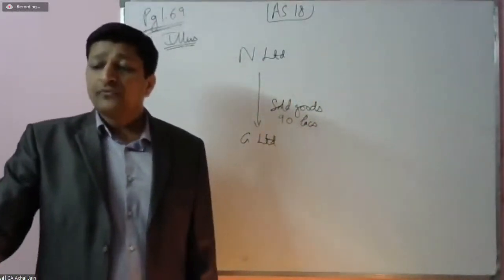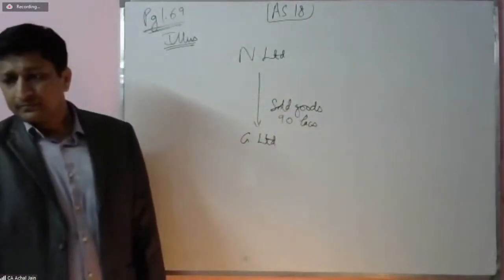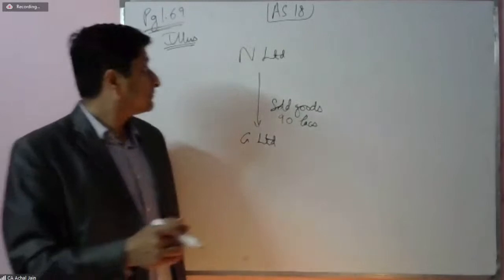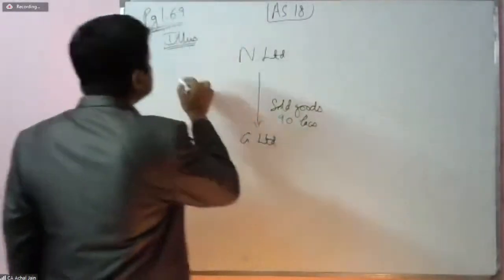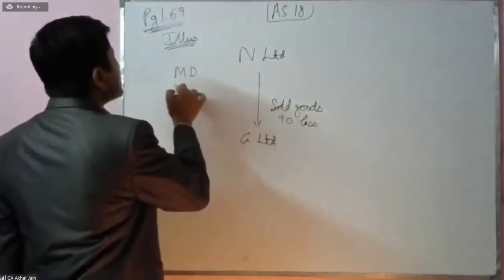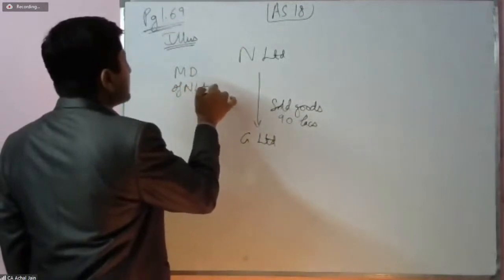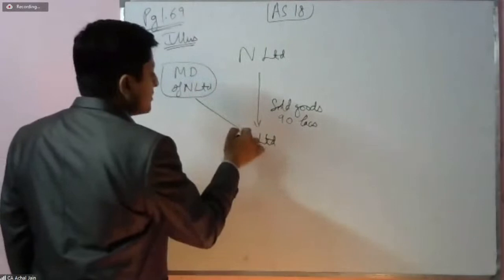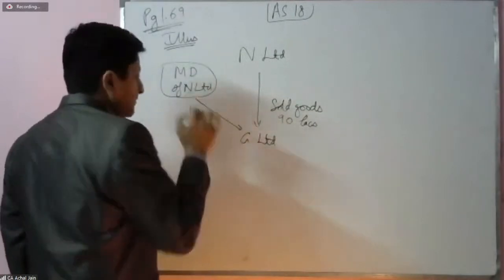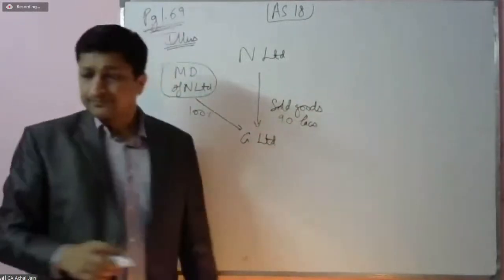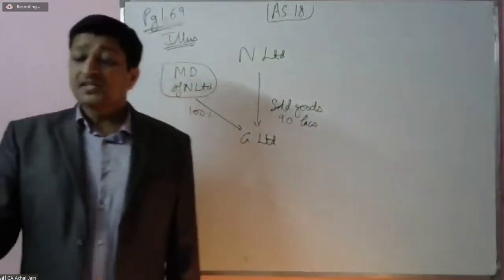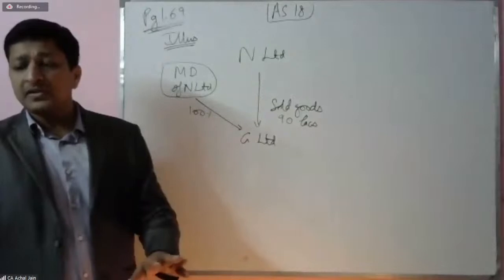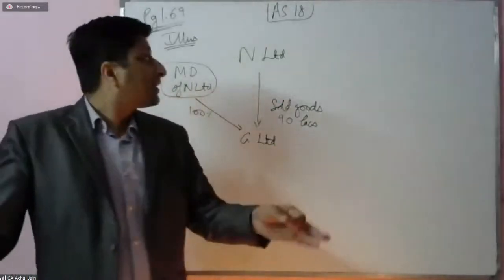Managing Director of Narmada Limited owns 100% of Ganga Limited. So Managing Director of N Limited holds 100% shares of Ganga Limited. The sales were made to Ganga Limited at normal selling prices, followed by Narmada Limited.